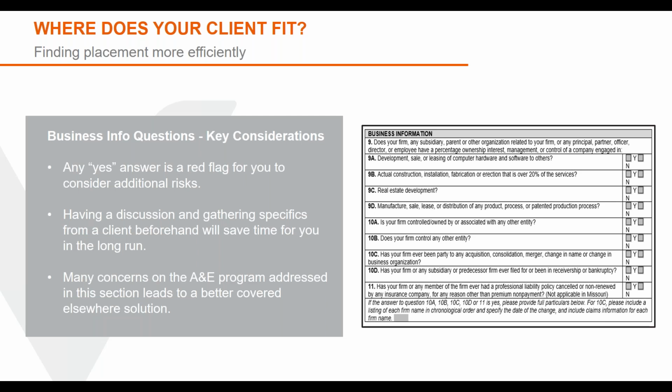So we can't assume firms that like to engage on a few projects taking both design and construction responsibility are contractors. We're really just looking for firms over 20% to be able to file that. So if a prospect comes in with that exposure, this is where we would cater more to a contractor's type of application, and a quick call to the underwriter for that form is easy and quick to do.